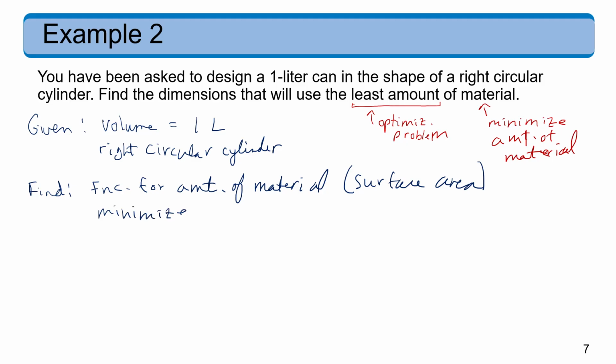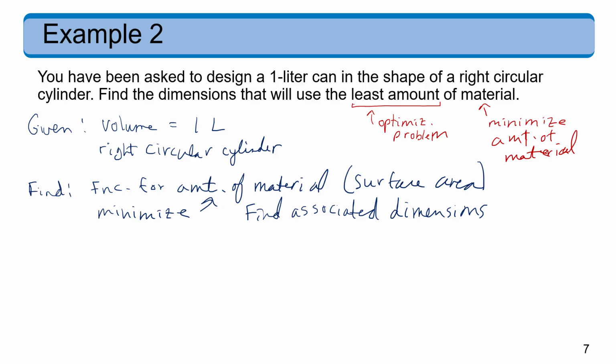And then let's look at the exact question. Find the dimensions. So find the dimensions that achieve that minimum surface area. So I'll just say find the associated dimensions.